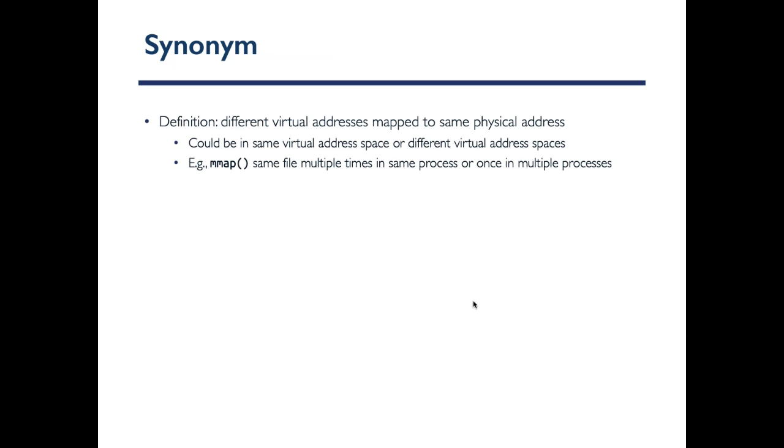The other issue with virtual caches is basically the issue of synonyms. Let's talk about them. Let me define this. Synonym means you have different virtual addresses mapped to the same physical address. Now, this could happen within the same virtual address space or different virtual address spaces.